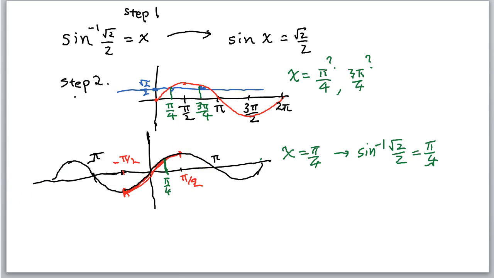Okay, maybe with one more example, you might be more comfortable with finding the sine inverse. Let's try sine inverse of negative radical 3 over 2. We want to find the value of this sine inverse. What is it?